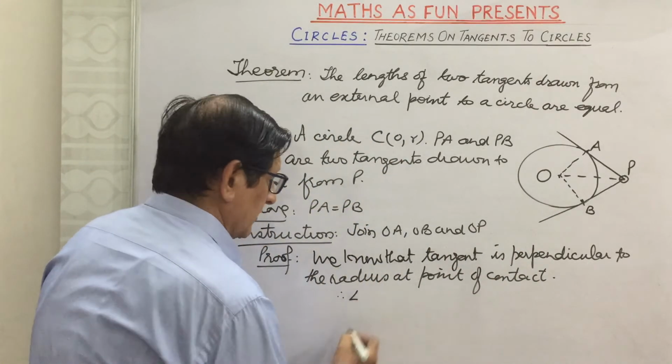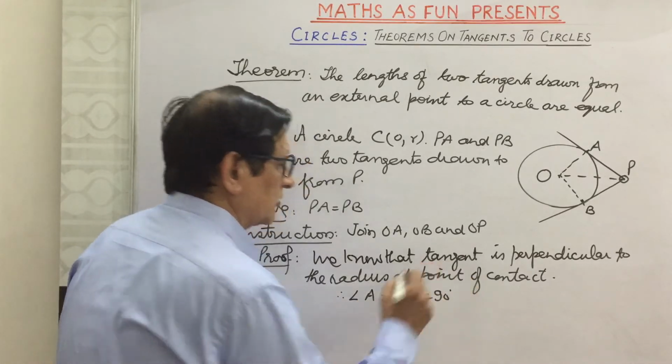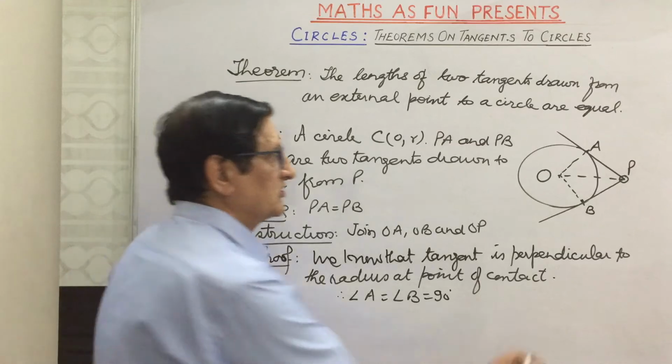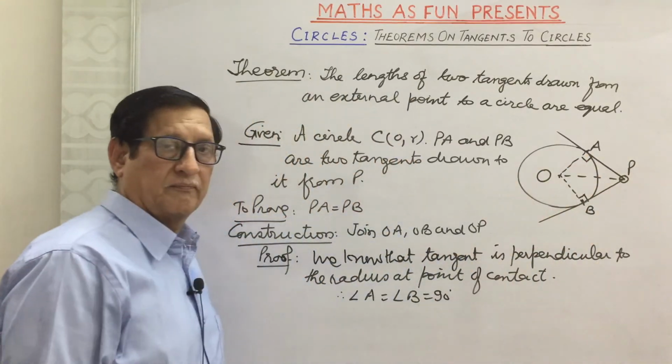Therefore, angle A is equal to angle B is equal to 90 degree. So this angle is 90 degree and this angle is also 90 degree.